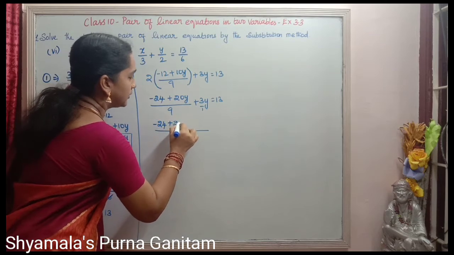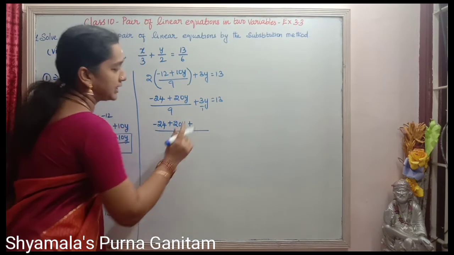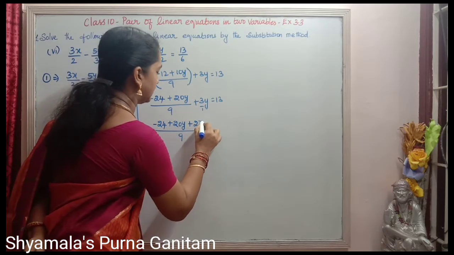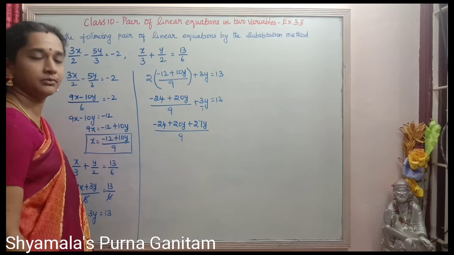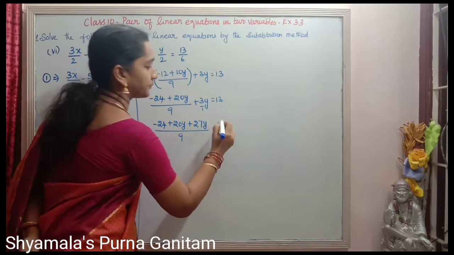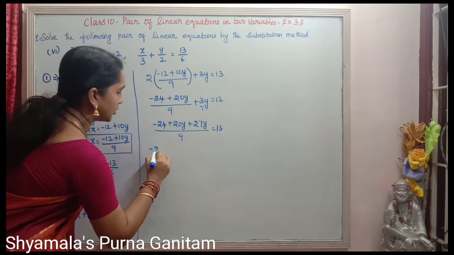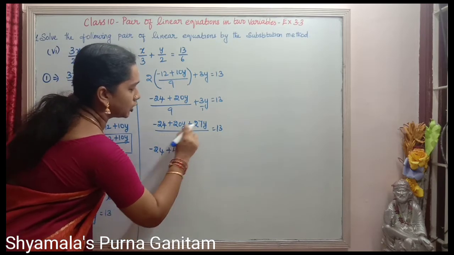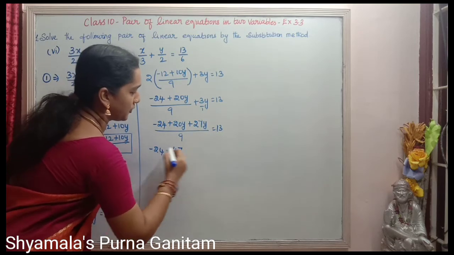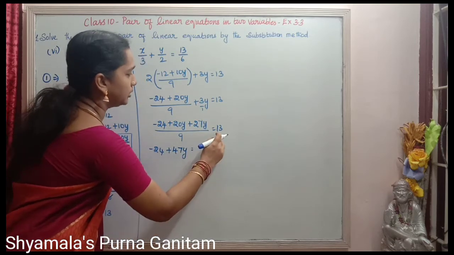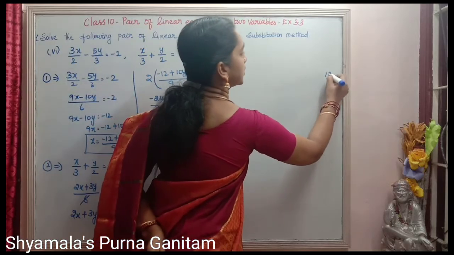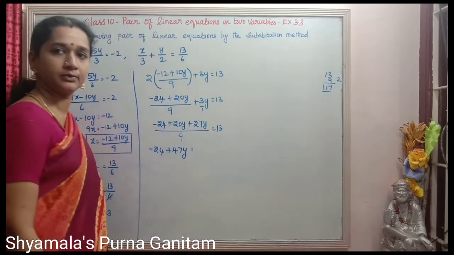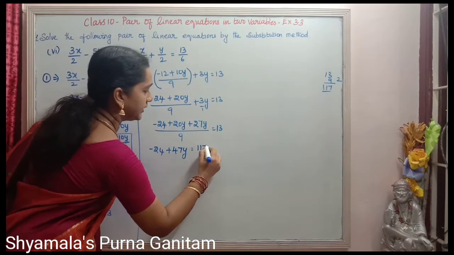Minus 24 plus 20y plus 1 into 9 is 9, 3 into 9 is 27. 3 9s are 27. Okay, is equal to 13.